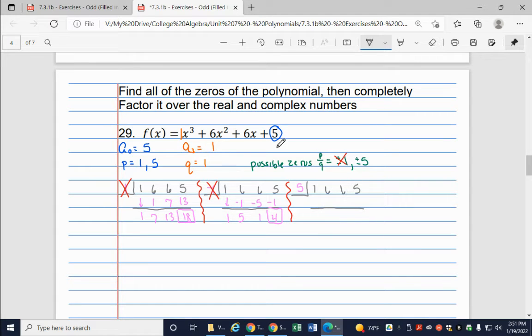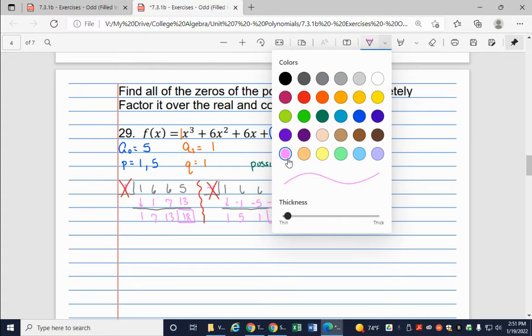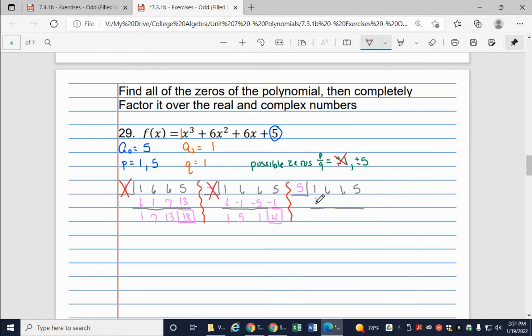Again, remember, those are just the coefficients from the original equation. 1 comes straight down. 5 times 1 is 5. 6 plus 5 is 11. 5 times 11 is 55. Plus 6 is 61, times 5 is 305. So that's 310. That's way too big.